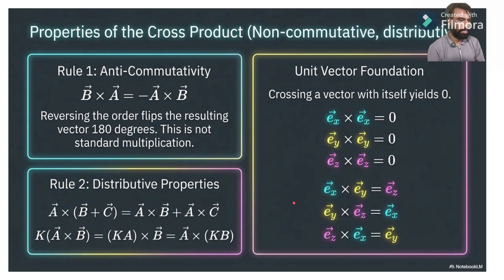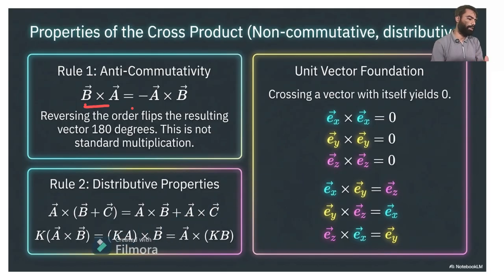Now look at some properties of the cross product. The first is anti-commutativity. Once you learn vector calculation for the cross product, you can verify these rules yourself using that calculation. But right now you can see that b cross a does not equal a cross b, because when you reverse the order, the direction also changes and the resulting vector flips by 180 degrees, exactly opposite.